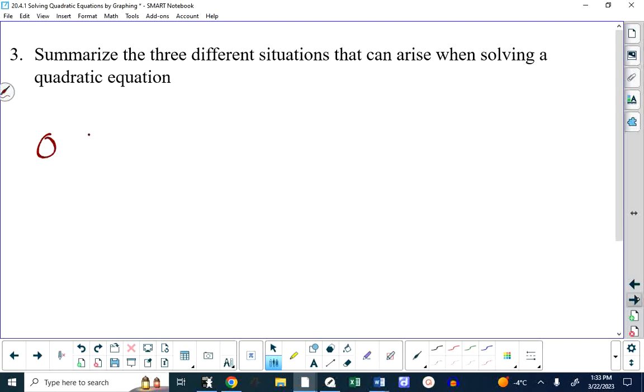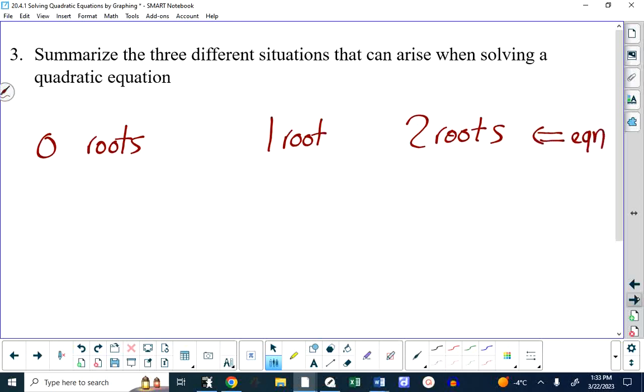You can have no solutions, no roots, 1 root, or 2 roots. And all of this up here, I'm talking about an equation. What I'm going to draw below is about graphs or functions.